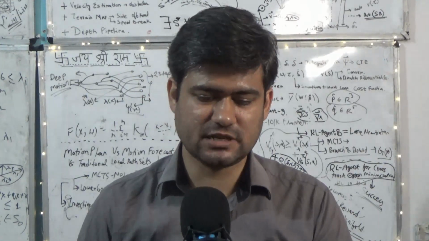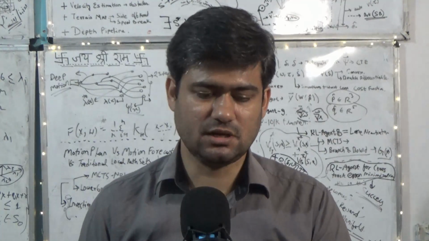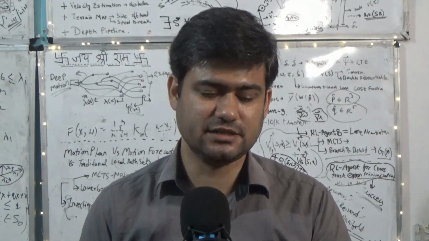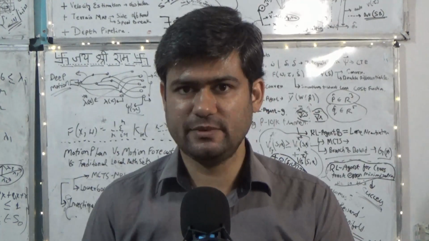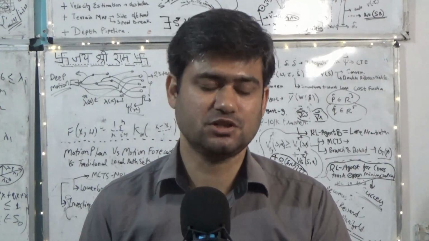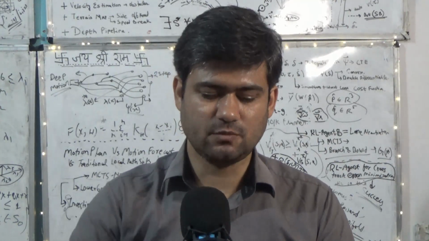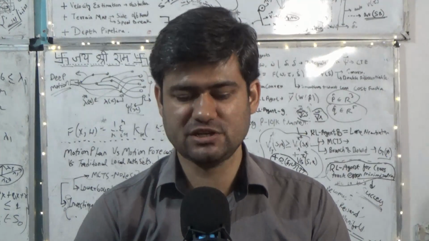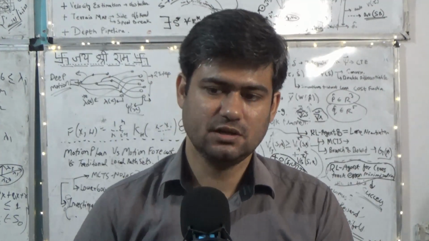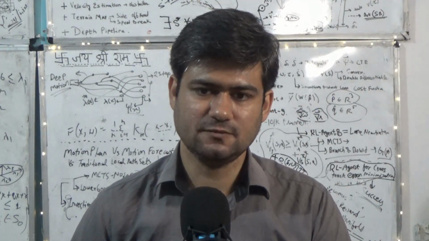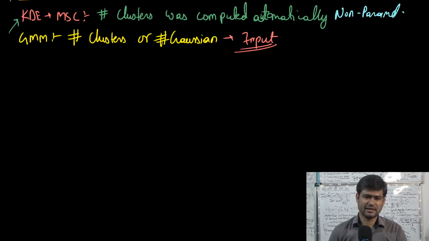As I mentioned previously, in the Gaussian mixture model, the underlying density function or distribution is modeled or approximated as a simple linear superposition of the Gaussian components. So a Gaussian mixture model, as the name suggests, is a mixture of Gaussians. It has k different Gaussian components, where k is a hyperparameter.